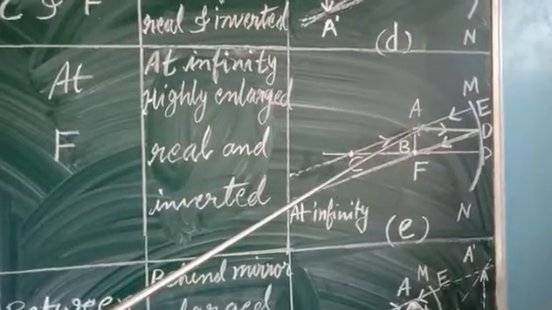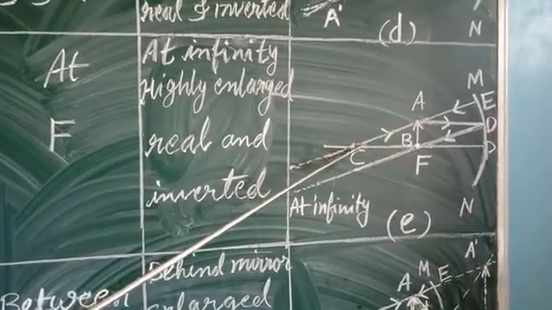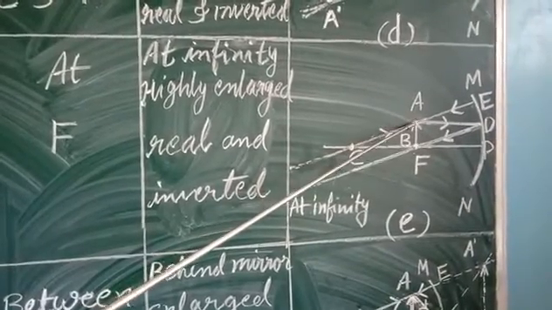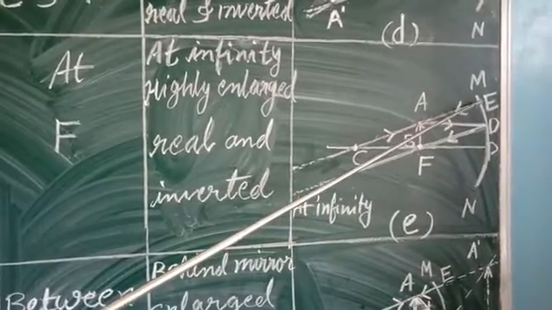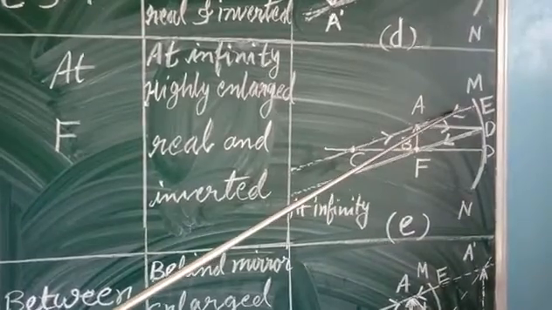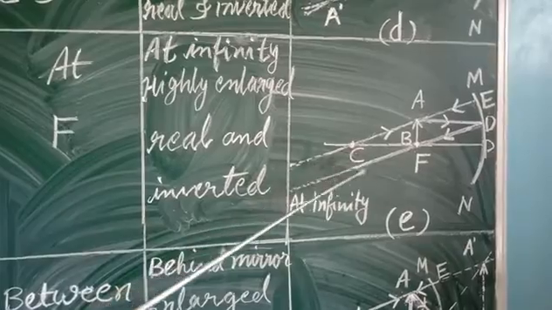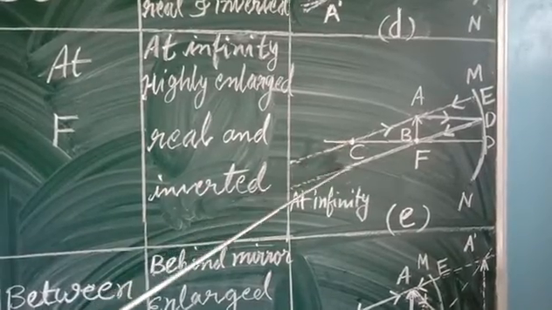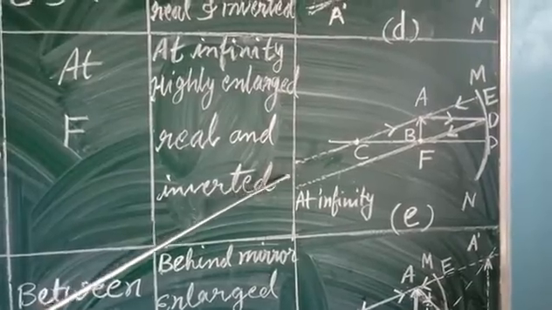And again another ray of light passes through the center of curvature touching the top point of the object, strikes the surface of the concave mirror and is reflected back along the same path. Here we see both the reflected rays go on and on.